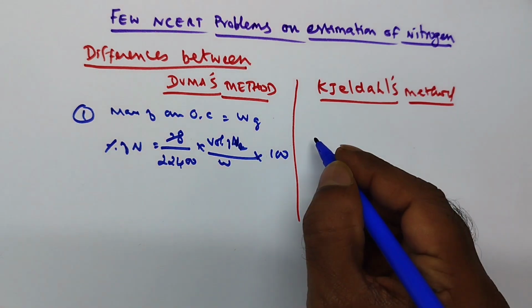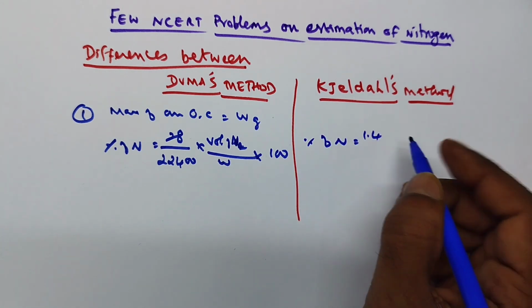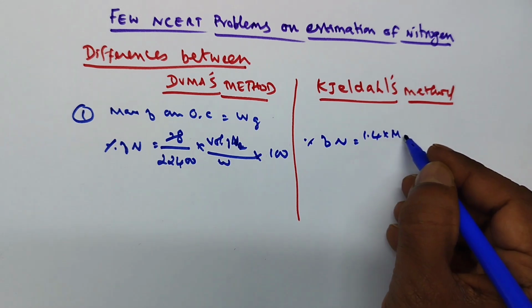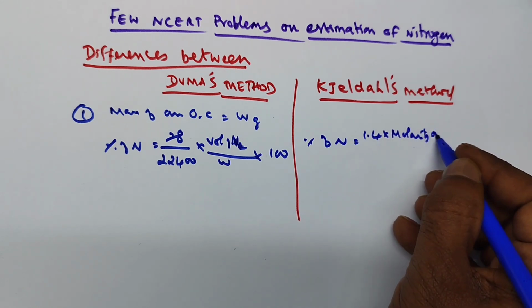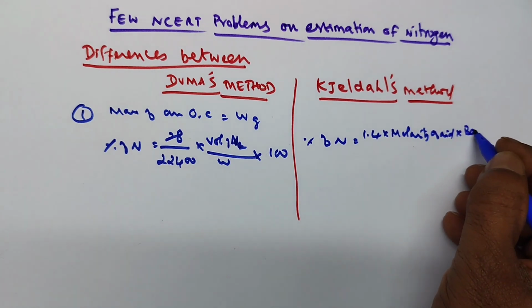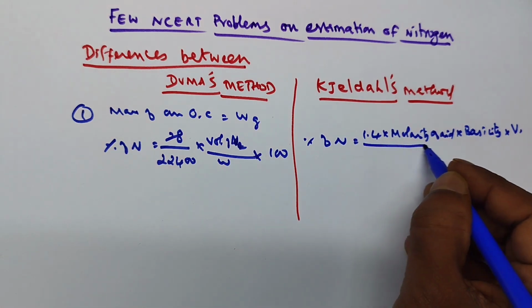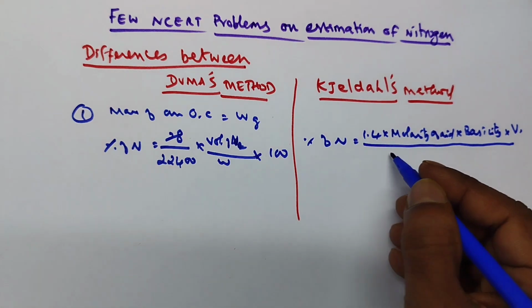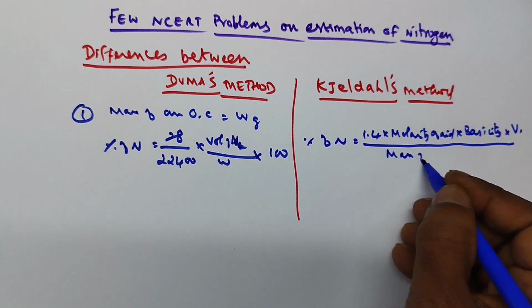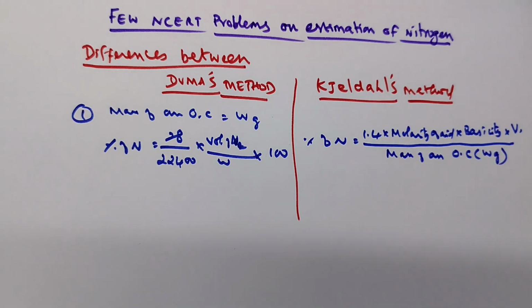So we can use the formula: percentage of nitrogen is equal to 1.4 into molarity of acid into basicity of acid into volume of acid used, divided by mass of the organic compound. This is the formula we use for Kjeldahl's method.